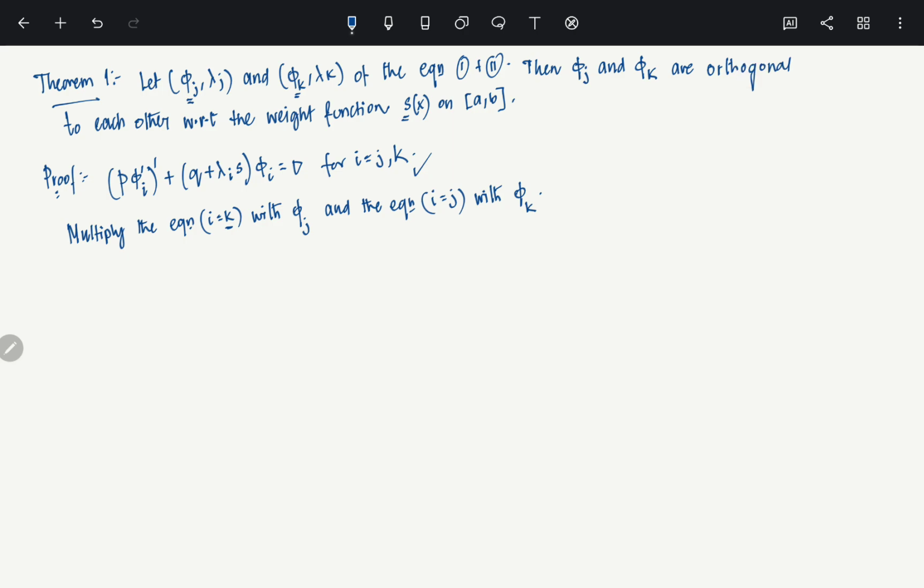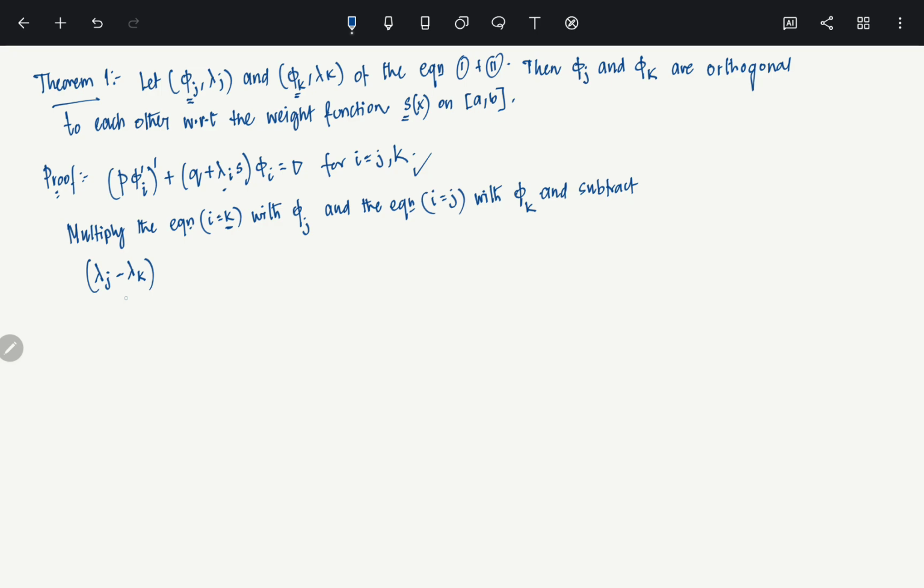So if you do that, what do you get? You get lambda j minus lambda k, and then you subtract. Then what do you get?